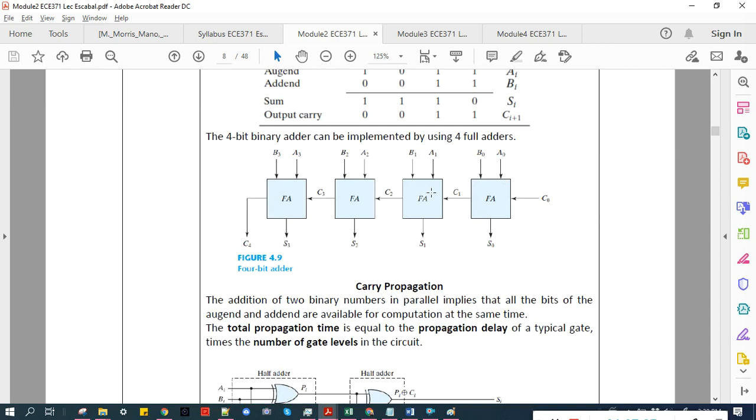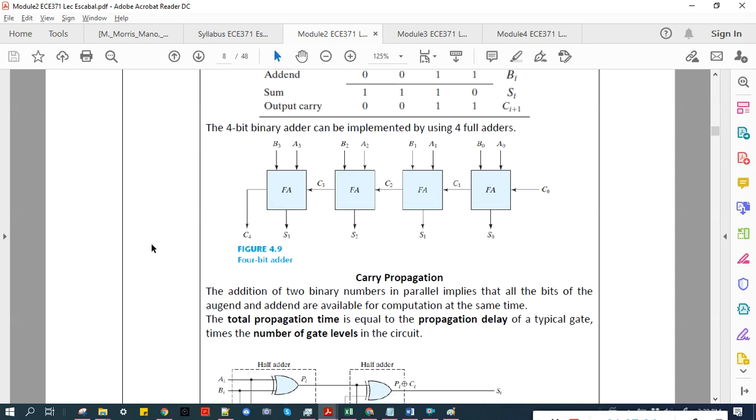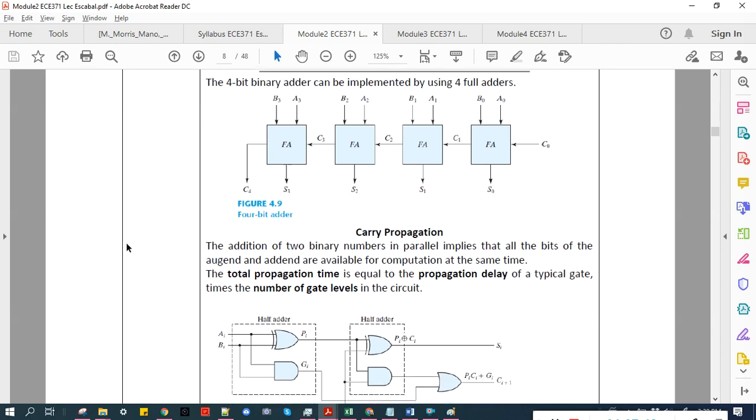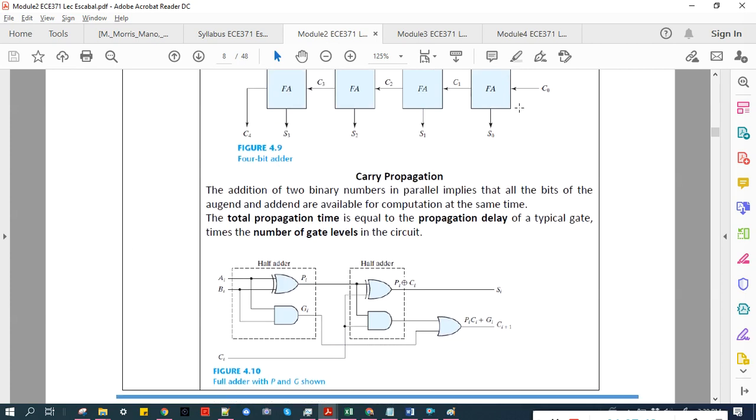We did not consider the propagation delay caused by the logic gates, but in an actual circuit, we need to consider it. If we have this n-bit adder, how much is the propagation delay when we arrive at C4?